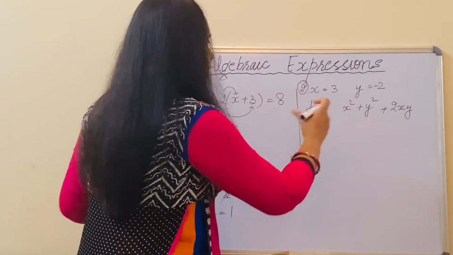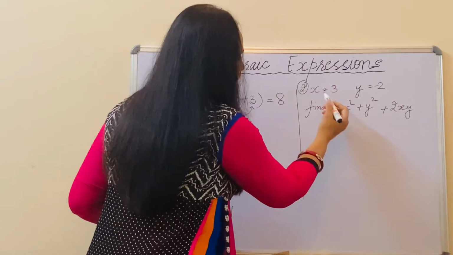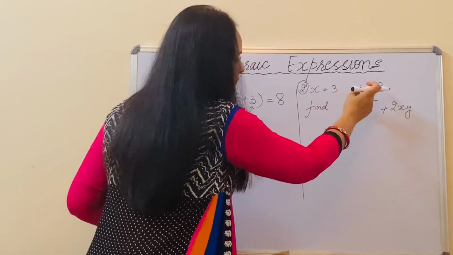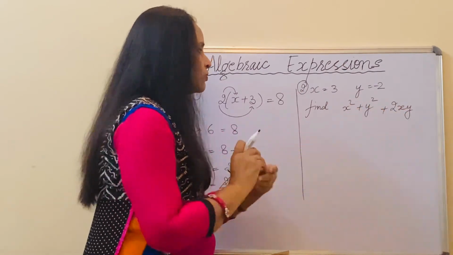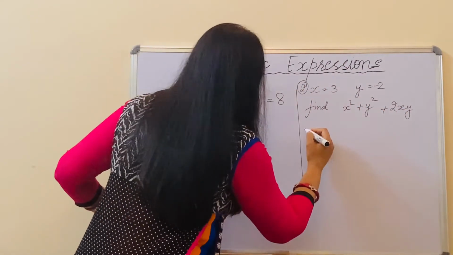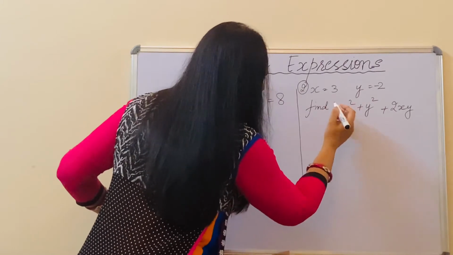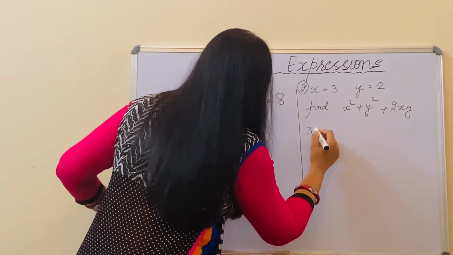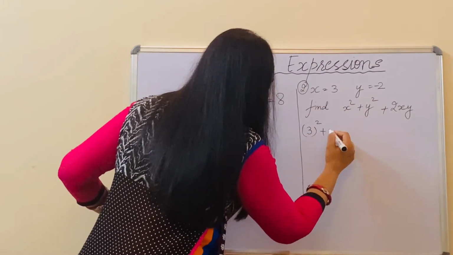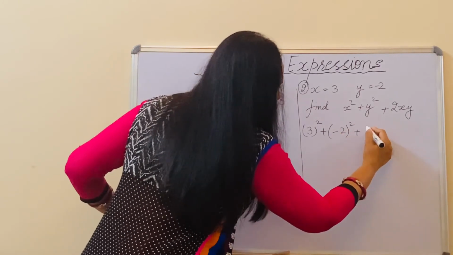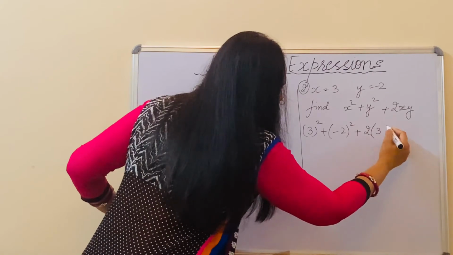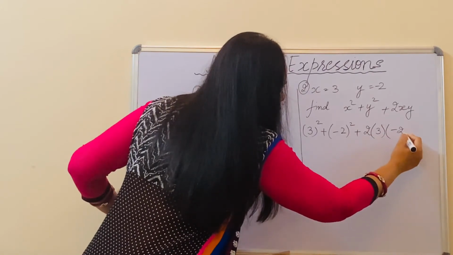Now solving this, we know that the value of x is equal to 3 and y is equal to minus 2. We simply have to place the values. Solving this algebraic expression, x is 3 square plus minus 2 square plus 2 into 3 into minus 2.